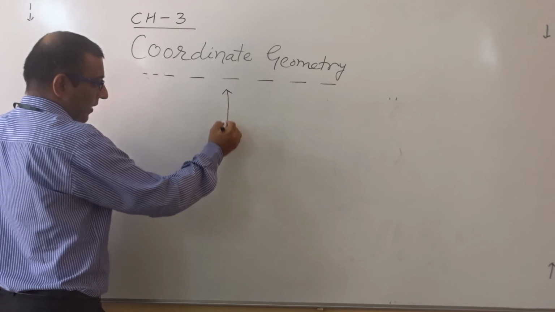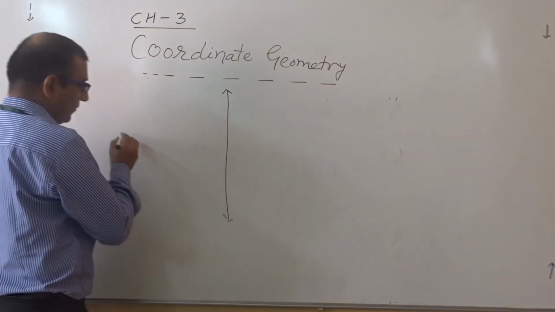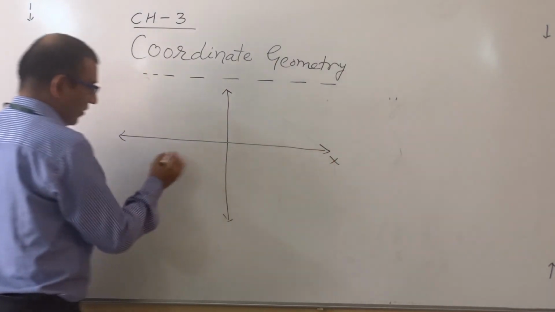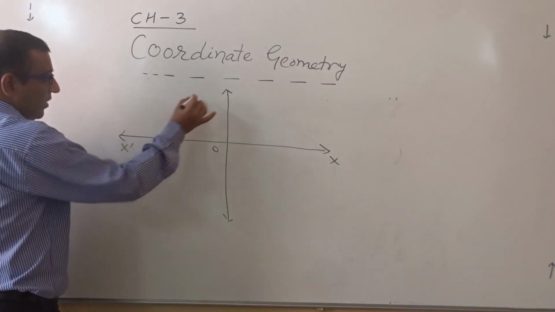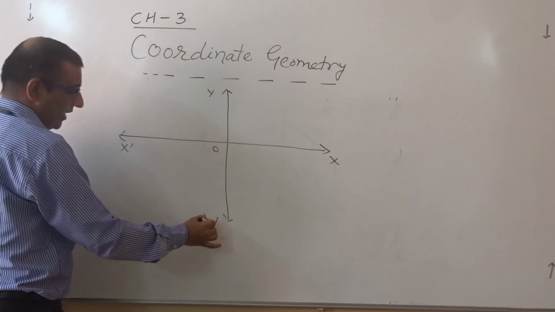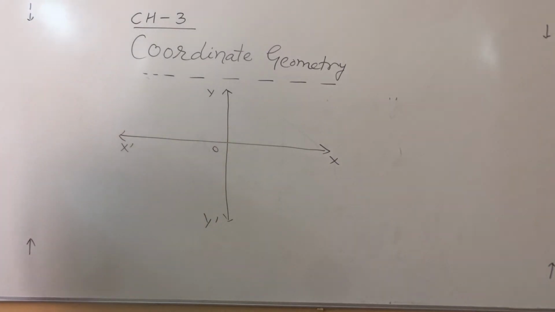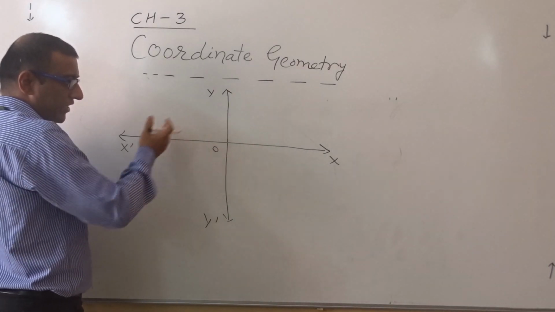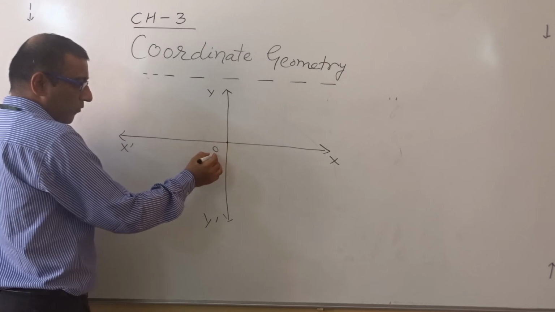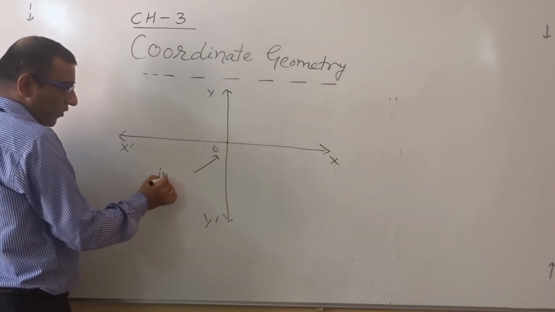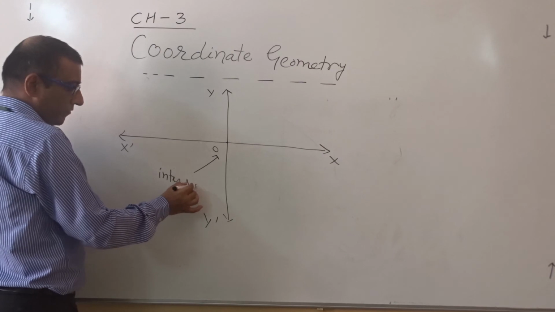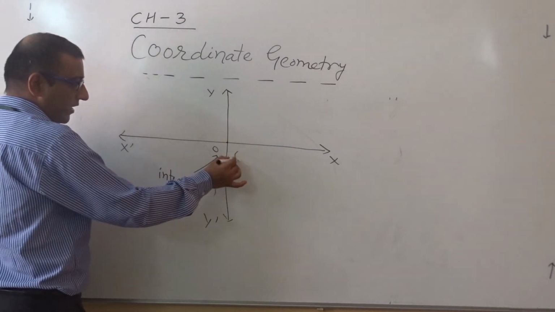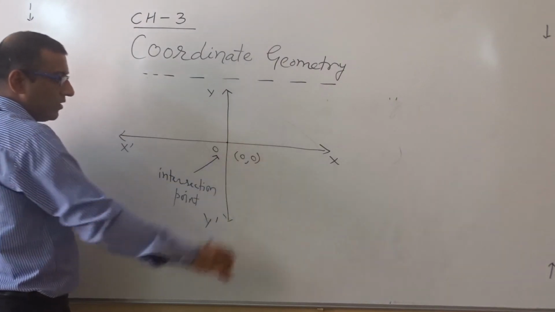In this Cartesian plane, we can also say these two lines XOX' and YOY' are perpendicular lines, and these are intersecting each other at point O. This point is known as the intersection point, and its coordinate is 0, 0.